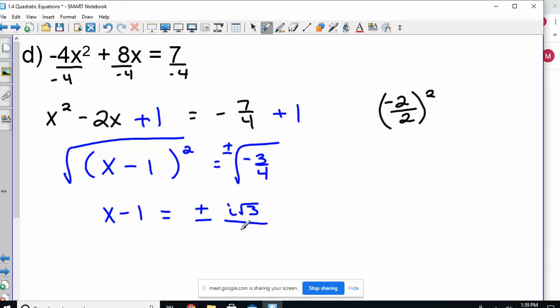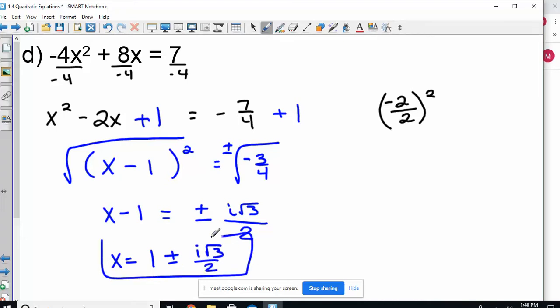Over the square root of 4 is just 2. So add our 1 over, and our final answer is x equals 1 plus and minus i radical 3 over 2. So it's okay to have imaginaries.